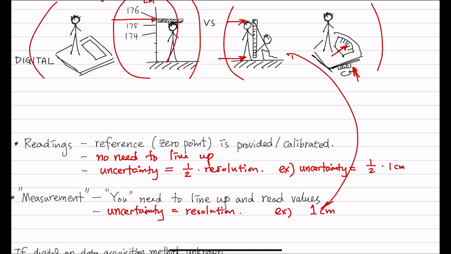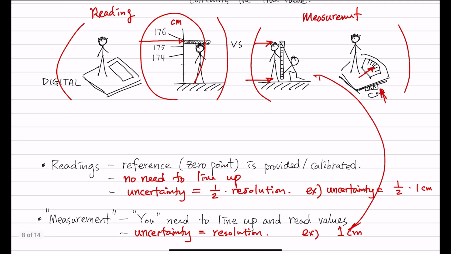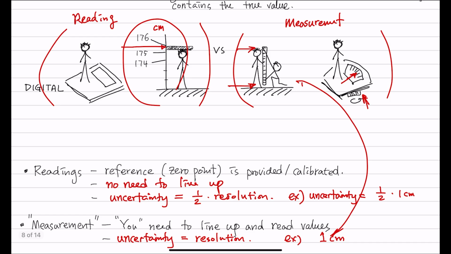And qualitatively, you can think, oh, there's uncertainty here and there's uncertainty there, so it's just that resolution, like half you have from here, half you have from there, so that's the uncertainty of your measurement. Okay? It's pretty simple. And now we would like to think about how we can express this uncertainty.